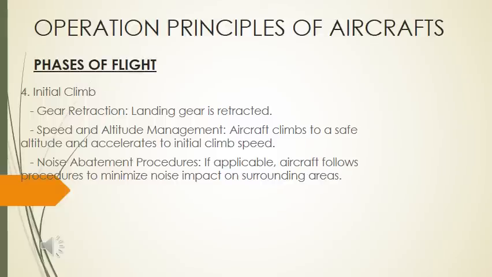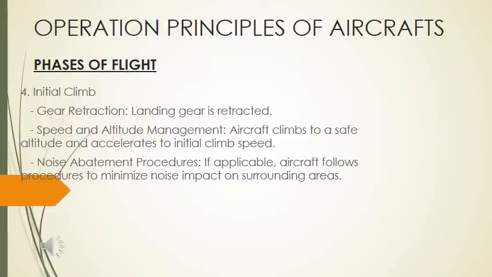Then speed and altitude management: the aircraft climbs to a safe altitude and accelerates to initial climb speed. Noise abatement procedures: if applicable, the aircraft follows procedures to minimize noise impact on surrounding areas.